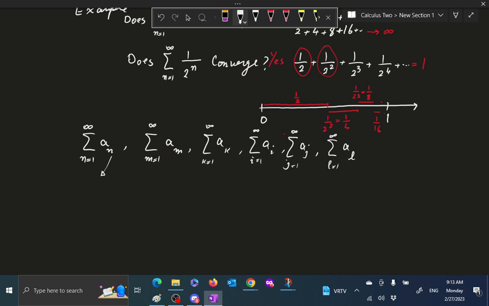So it's just a convention of what is used. We typically stay to this convention. Sometimes this is referred to as the running index, as if it's running from 1 to infinity. Sometimes it's called the index of summation.